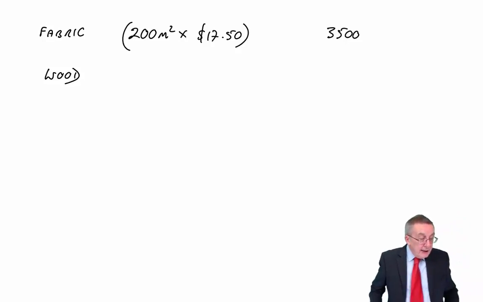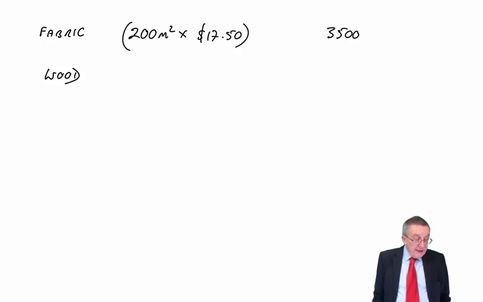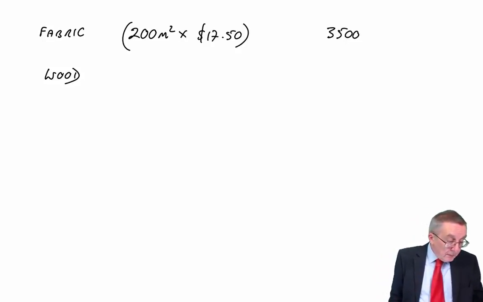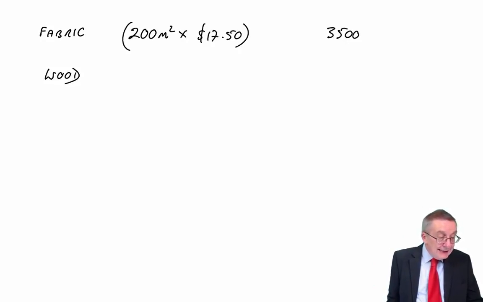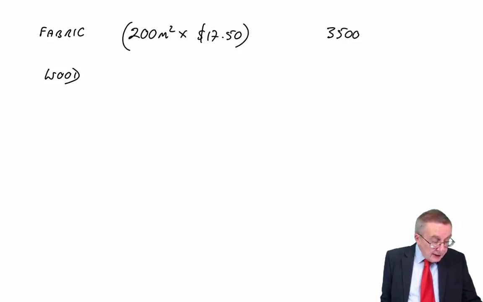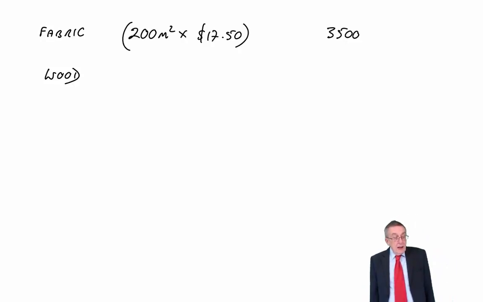We've already got 500 square metres in inventory, but 480 of this is needed to complete other existing orders in the next 2 weeks. The remaining 20 is not going to be needed until 4 weeks' time.